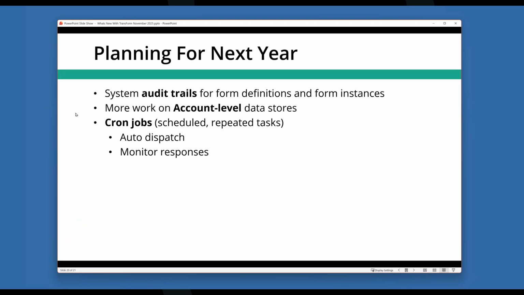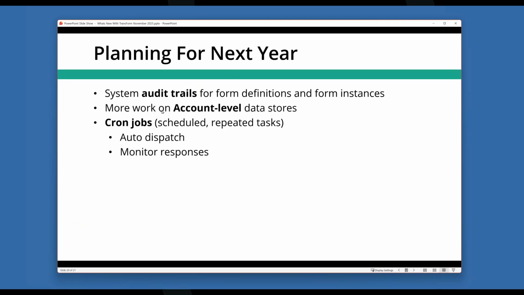We have system audit trails for form definitions and form instances, so that every time a form definition is changed, there's an audit trail of the change and who did the change. The same thing for form instances, every time you modify the instance, there's an audit trail, which some of our customers need.